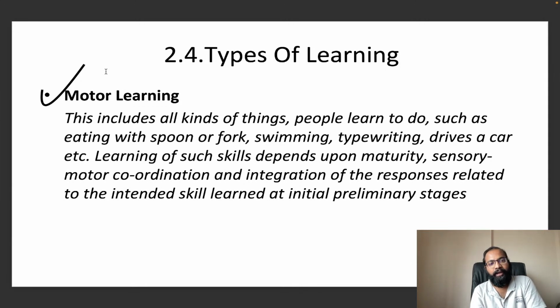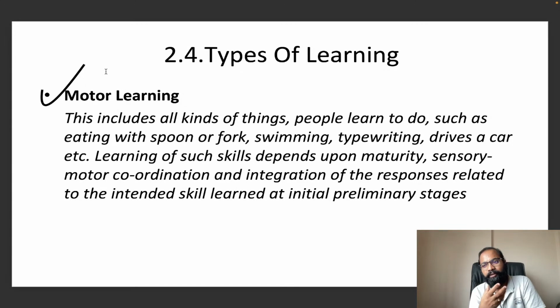Coming to motor learning, as we already discussed in the previous session, motor learning is nothing but the moving of the muscles. That means if we are learning something with the movement of the muscles, it can be called motor learning. Writing, handwriting also comes under motor learning. A few candidates will have very good handwriting and a few will have poor handwriting.